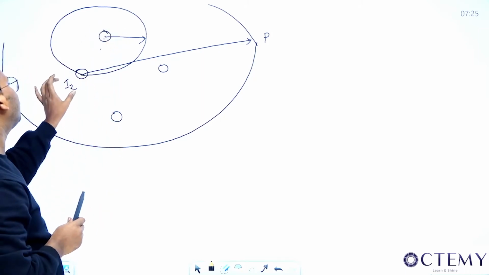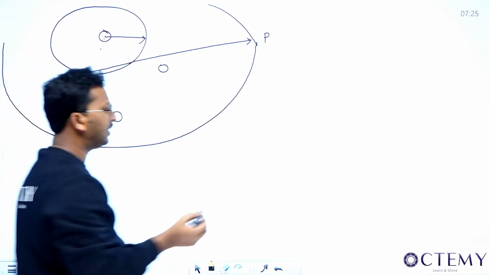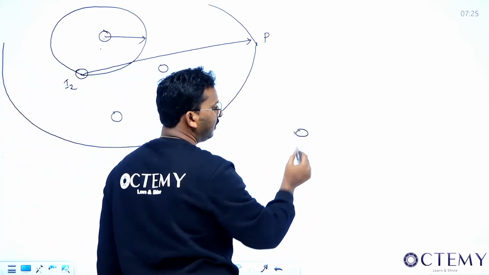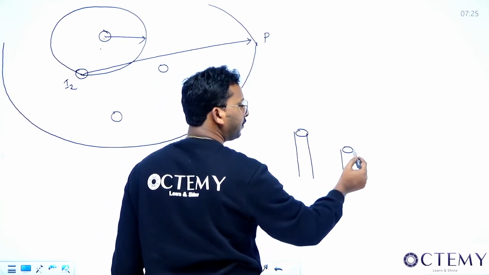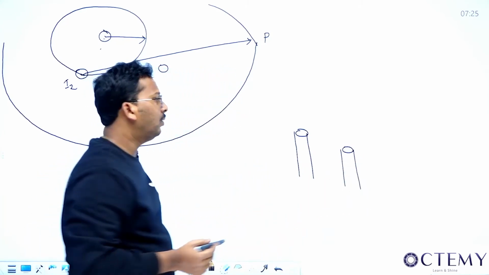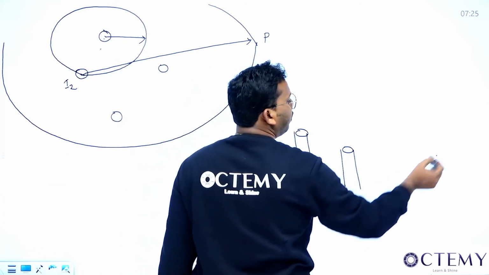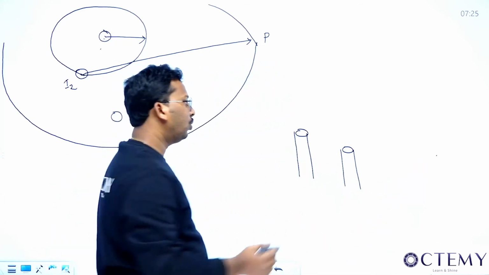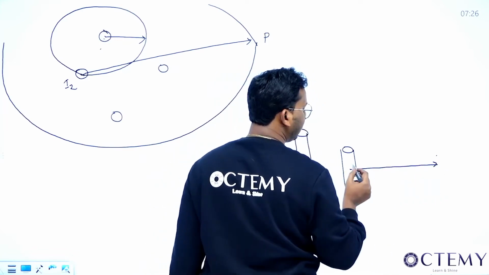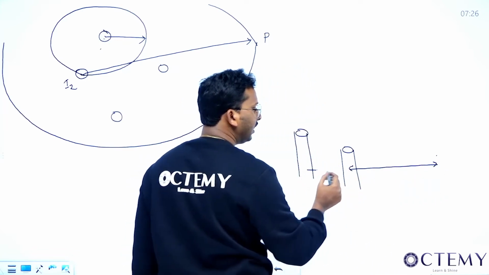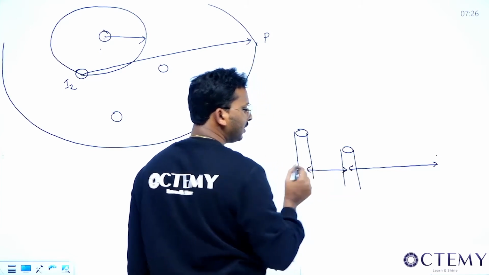So, because of the current 2, apart from this, so it is like this. The conductor 1 is here. Say the conductor 2 is here. Right? Now, this is the point where the external point is there. So because of this particular current, this will be my longer distance, this will be my shorter distance, right?